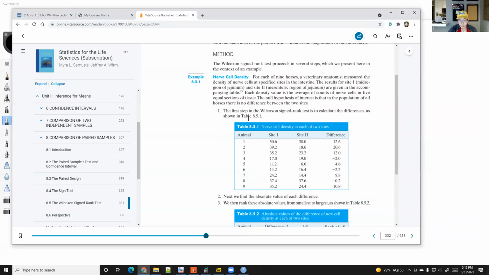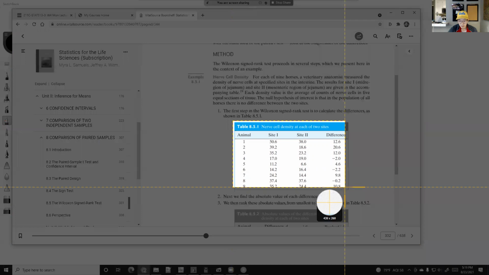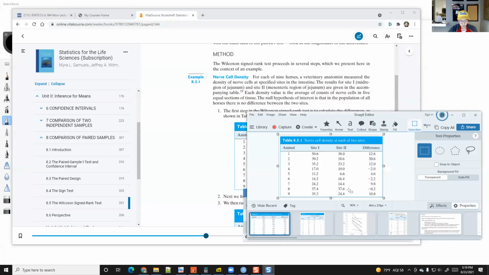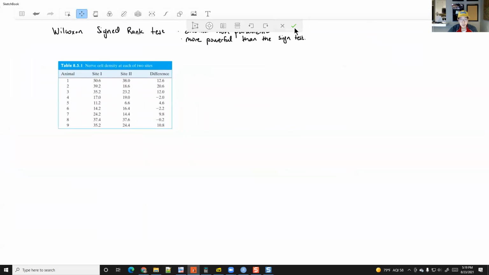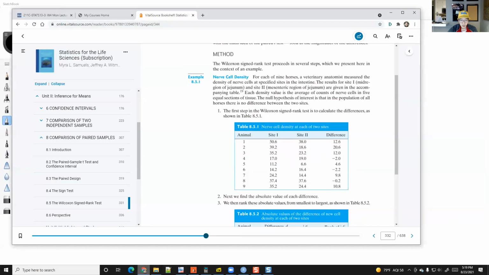Let me just read the... okay, so I guess they're looking at horse anatomy, and they're looking at 9 different horses, and it says a veterinary anatomist measured the density of nerve cells at specified sites in the intestine.